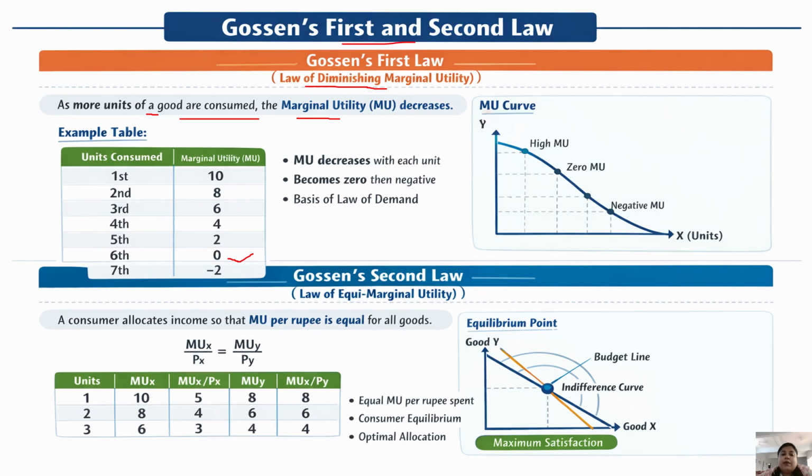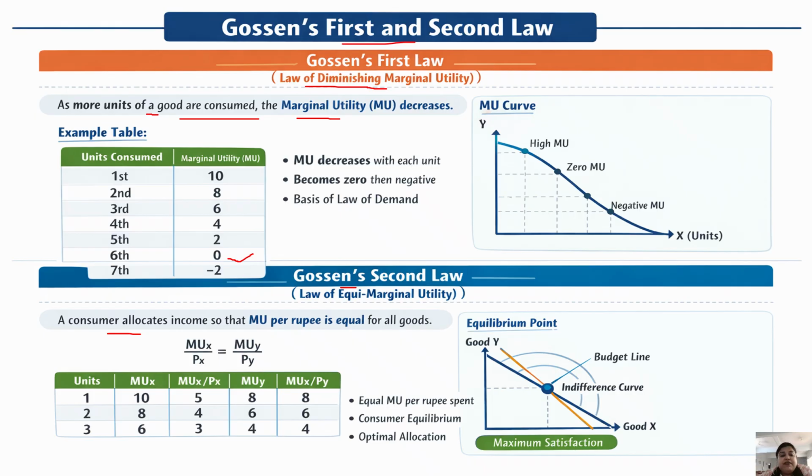Now, let's talk about Gossen's second law. The law of equimarginal utility is also called Gossen's second law, in which we satisfy consumer behavior with the indifference curve and budget line. The law of equimarginal utility states that a consumer allocates income in such a way that the marginal utility of each rupee, or marginal utility per rupee, is equal for all goods.